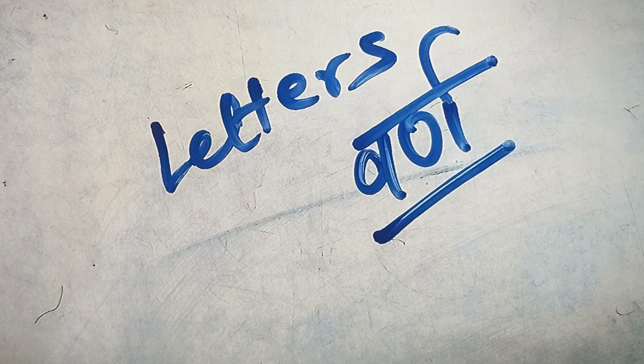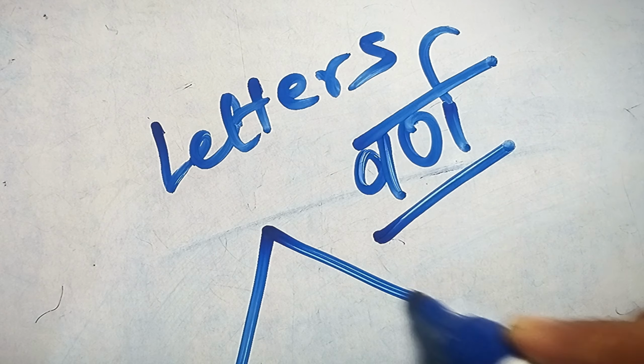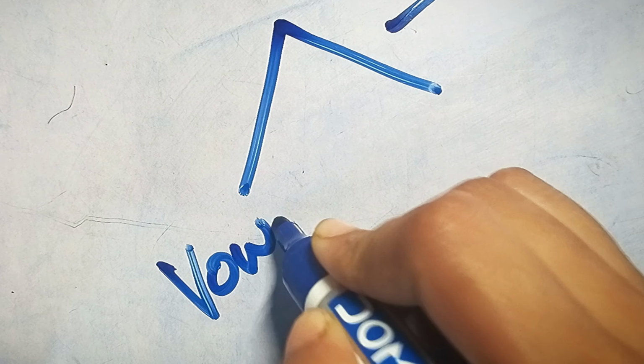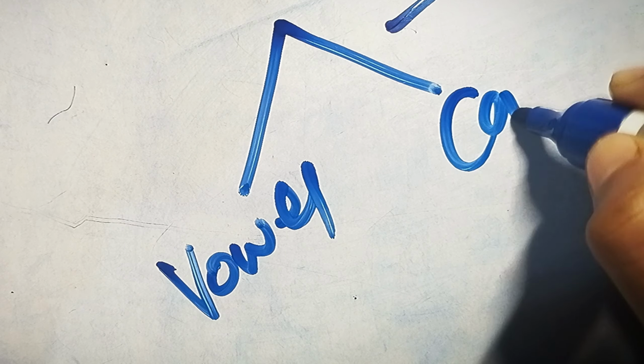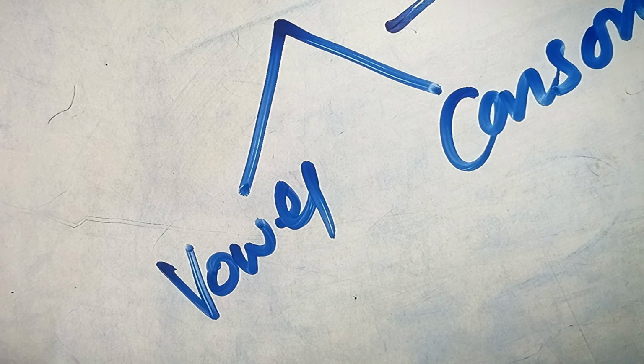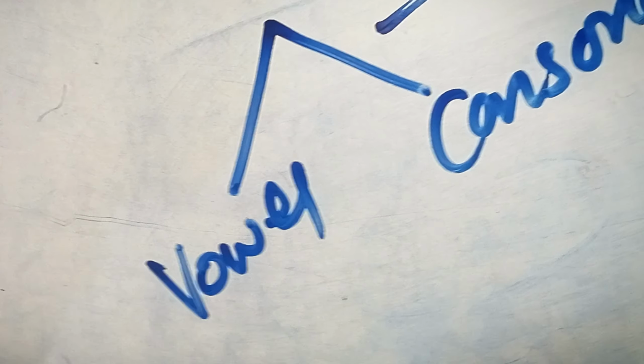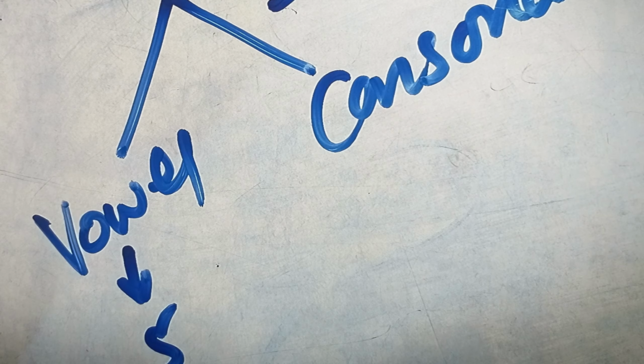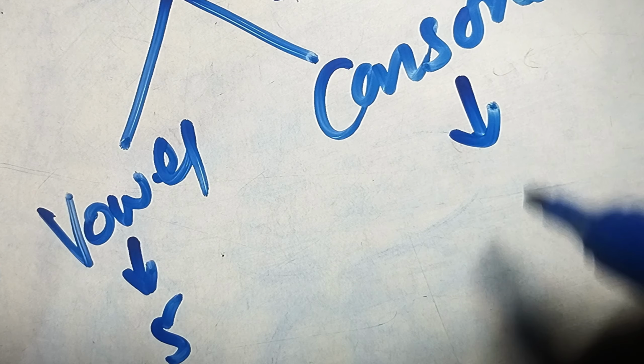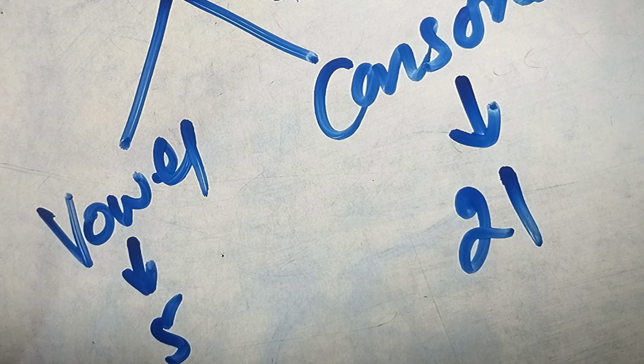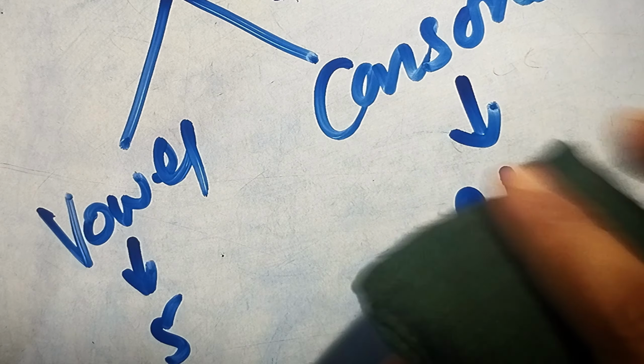Just like English, we have two kinds of letters, vowels and consonants, right? We have 5 vowels and the rest, 21, are consonants. The same thing happens with Hindi, but we have a different number of letters in Hindi.